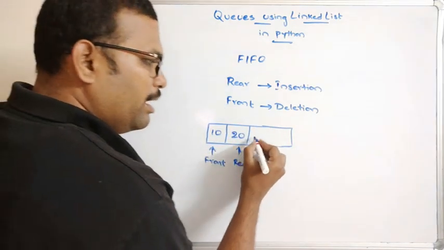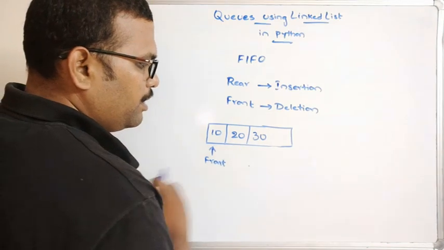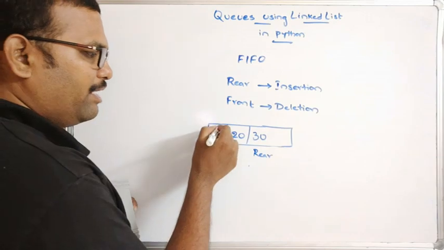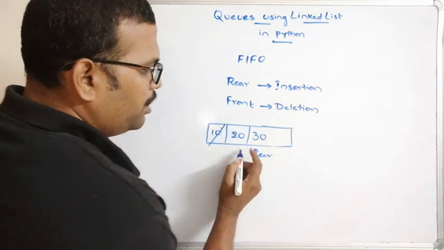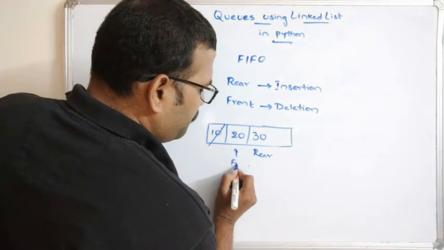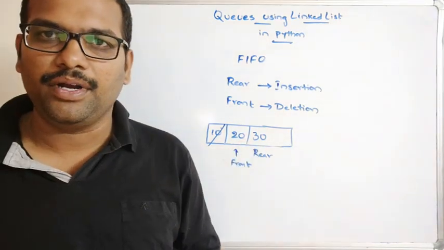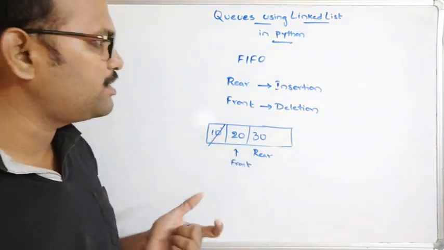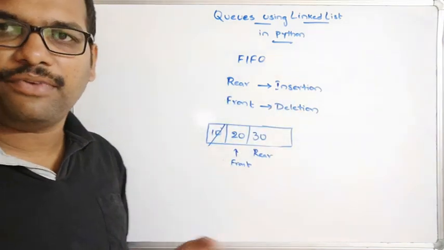Whenever the third element enters, it will be here and the rear will be here. If you delete an element, the 10 will be deleted and the front will be moved towards the next one. In such a way the queue will be executed. So two ends will be there, rear and front, with all insertions done through the rear and deletions through the front.